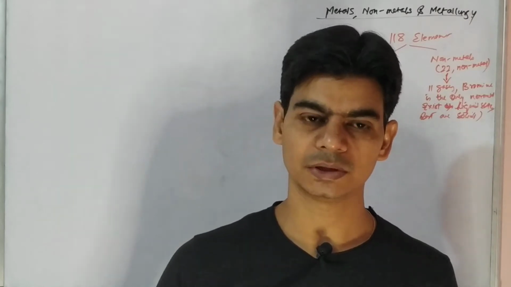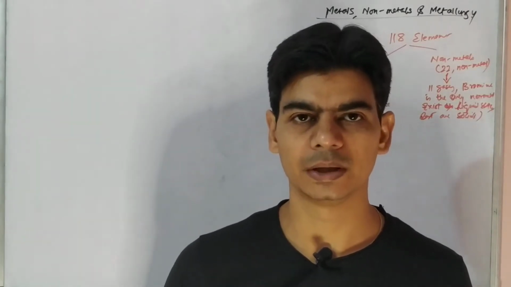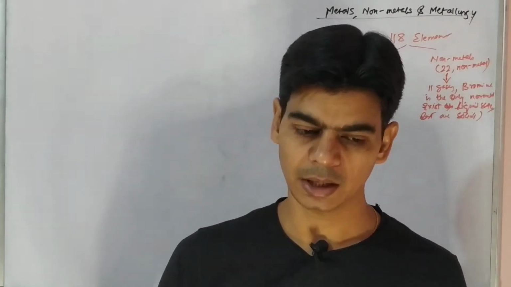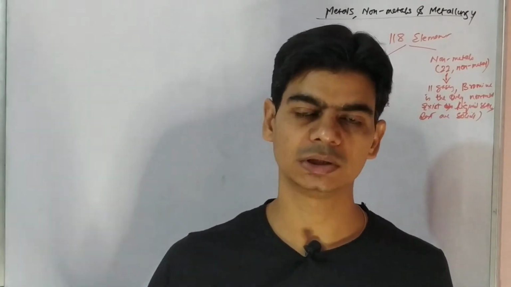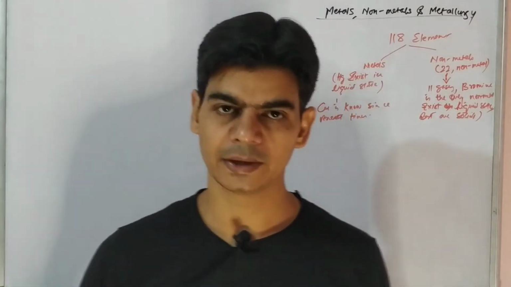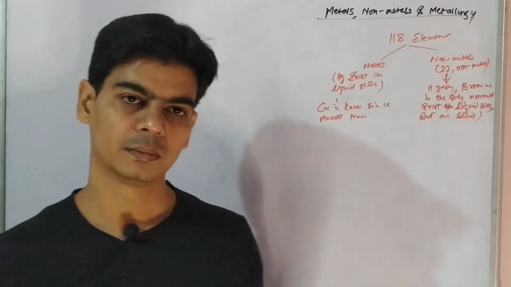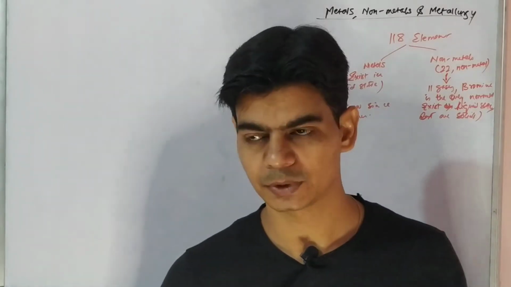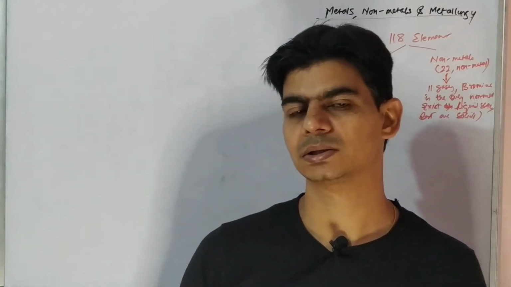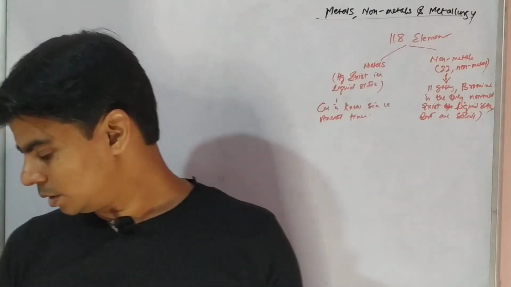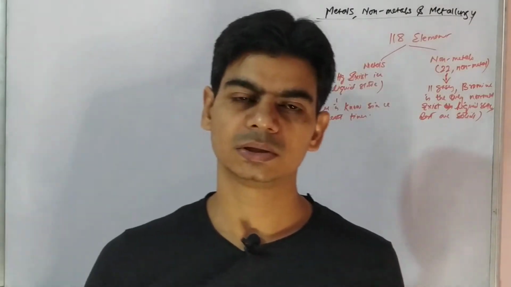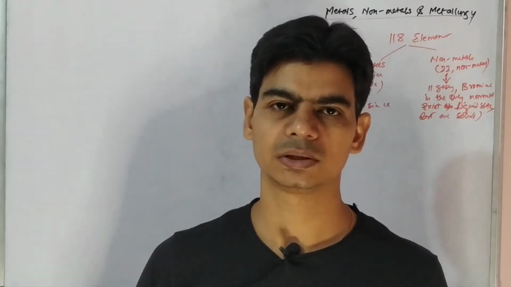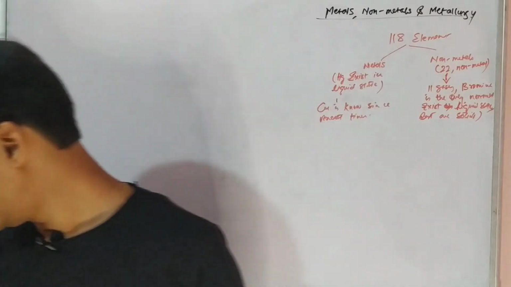Iron is a metal which is found in our blood pigment called hemoglobin, and it is iron which carries oxygen in blood. Similarly, magnesium is found in plant pigment. So all these are small things, but just remember, because these small things may be asked in exams.